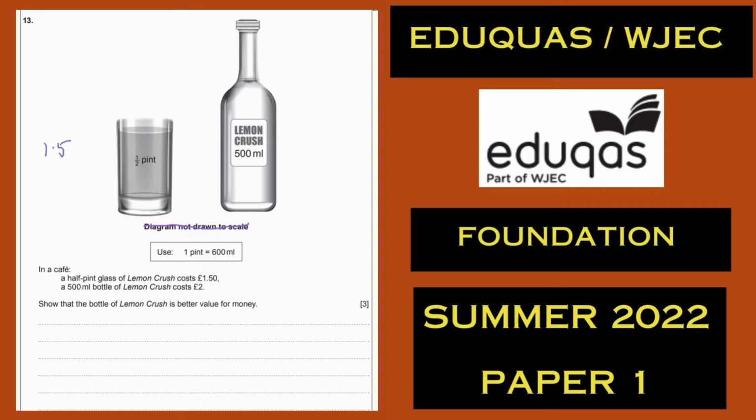Nice to get them associated. 500ml bottle costs £2. 1 pint is 600 millilitres, so half a pint is 300, and that is £1.50, let's call it 150 pence.